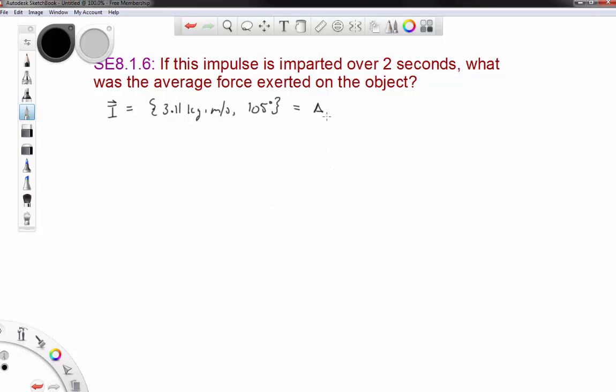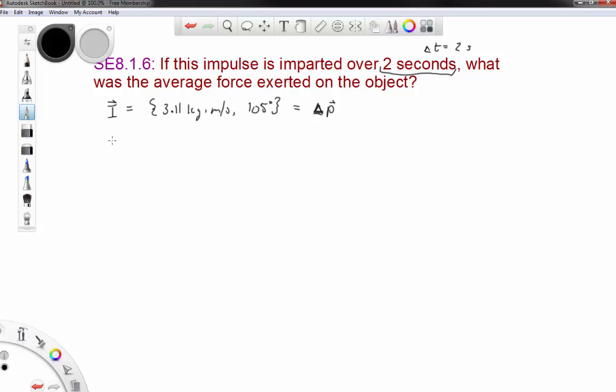That is the same as the change in momentum, and this change in momentum was imparted over 2 seconds, so delta t is equal to 2 seconds.